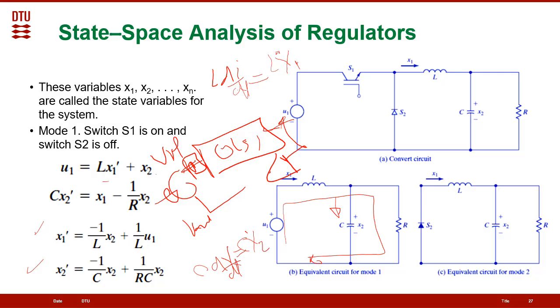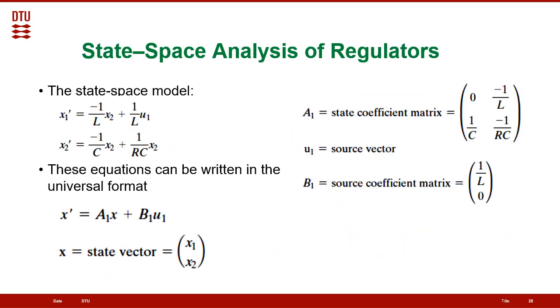So now we have two equations for the converter circuit in the on state. Now we can make some arrangement, and please check, we have some mistake here. This should be plus and this should be minus.